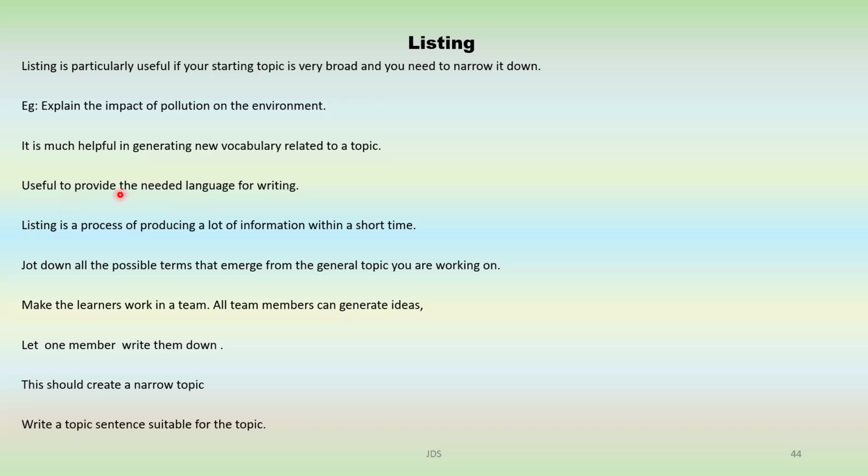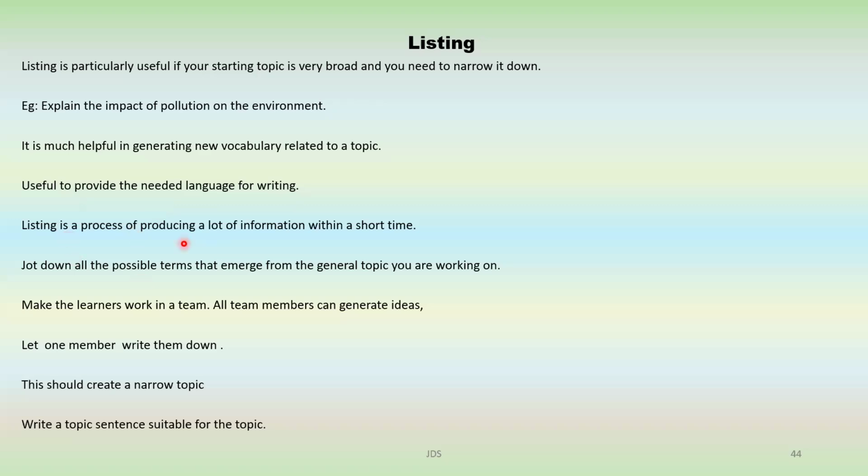Useful to provide the needed language for writing. Right? So if it is a narrow topic, you can be well focused and it's easy to provide language support, vocabulary, or maybe any phrases, examples, all those can be easily provided.